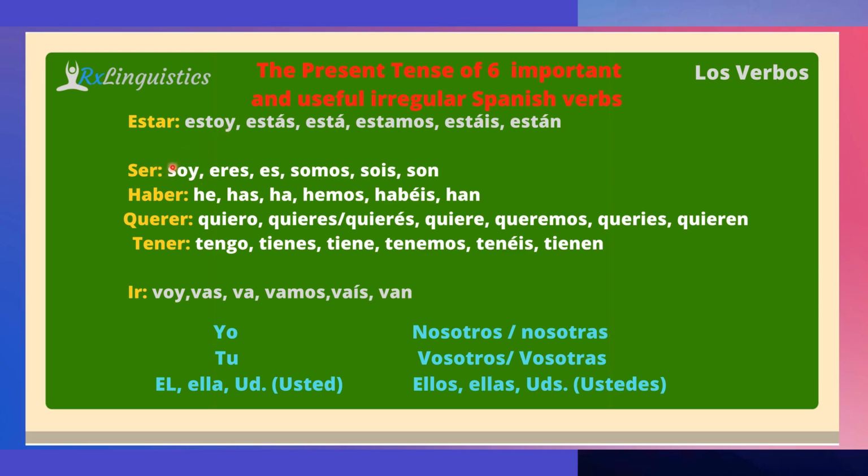Okay, so later we may cover that, or in the future you'll come across resources that will be detailed on the use of estar and ser. Okay, haber, you use haber to form a lot of compound tenses. Like present perfect, you use haber. Past perfect, you use haber, all those.